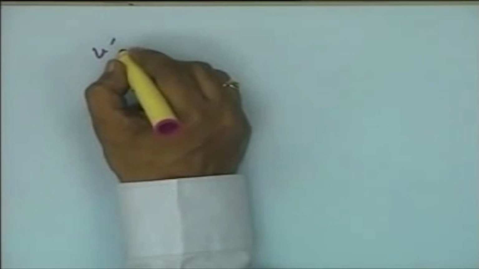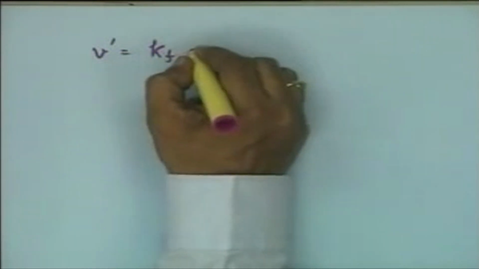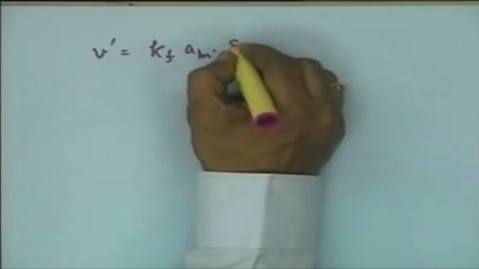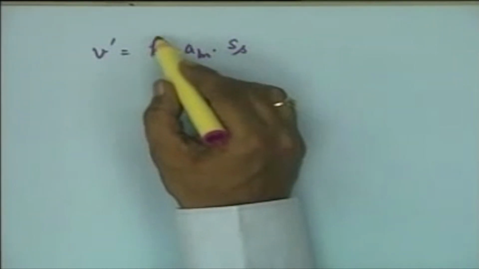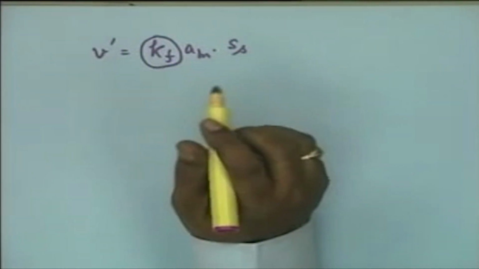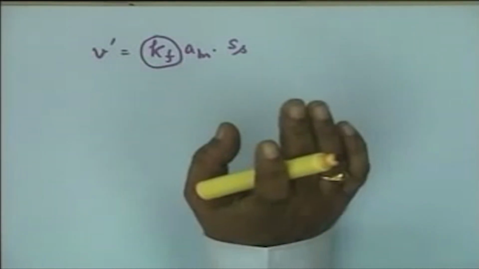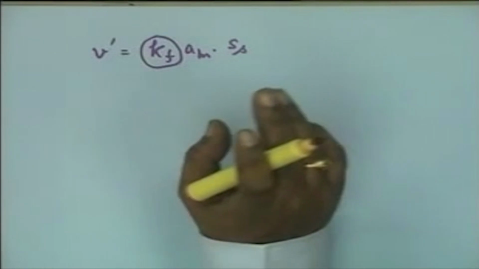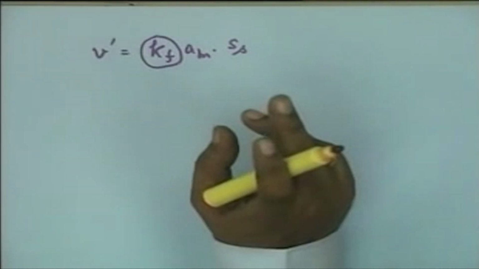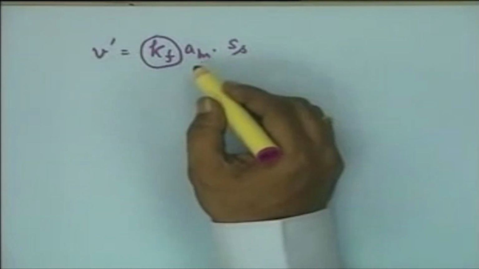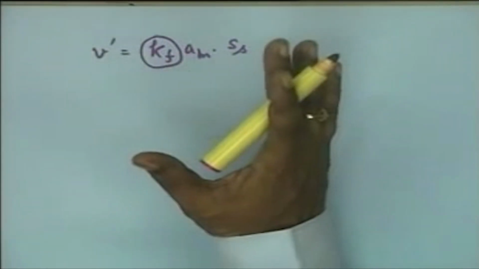Now, if you consider the first order case, then the reaction velocity will be Kf Am into Ss. Mind you that Kf I have defined here as a pseudo first order rate constant, which is based on surface area, not a volumetric rate constant, but a surface area based rate constant, just to have dimensional homogeneity with the mass transfer correlation.